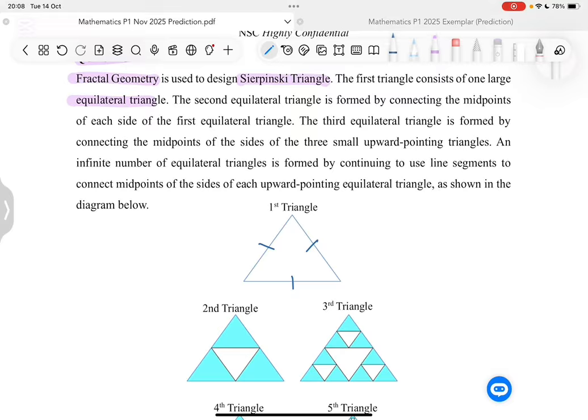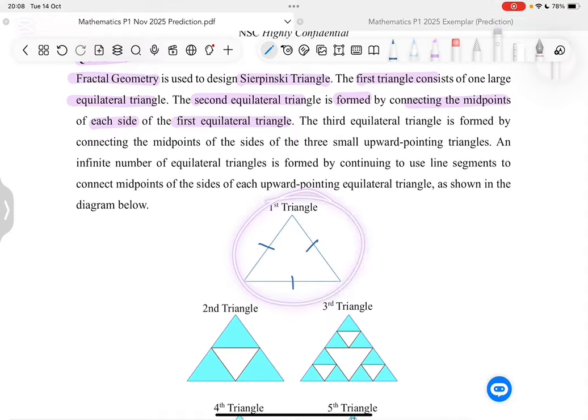Then the second triangle. So this was the first triangle. Now the second equilateral triangle is formed by connecting the midpoints of each side of the first equilateral triangle. Now what do we do here? We take the first triangle and connect the midpoints of each side of this first equilateral triangle.